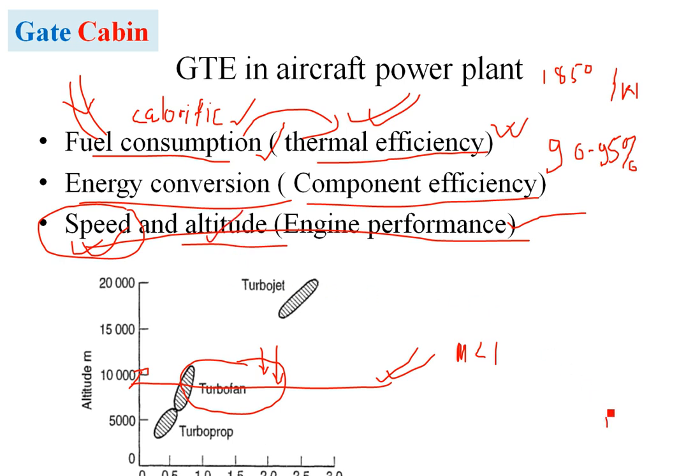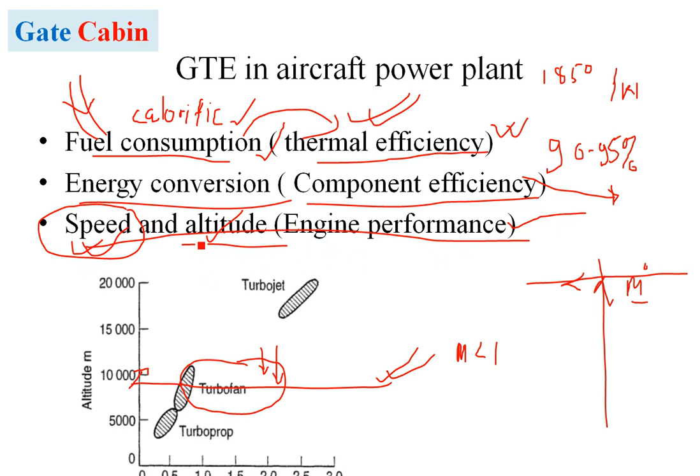Because when we reach high altitude, the mass flow rate of the atmospheric air decreases, and that will create a problem with the amount of air required in order to reach a certain speed or a certain pressure. So these are the 3 most important criteria: fuel consumption or thermal efficiency, energy conversion, which is component efficiency and also decides whether the given power plant is efficient or not, and speed and altitude.